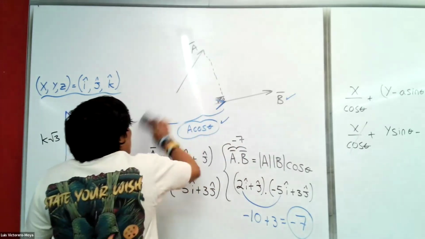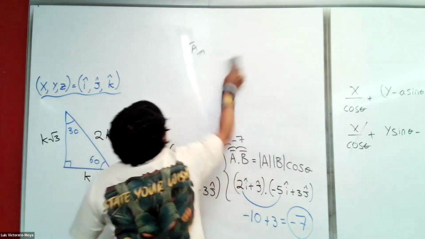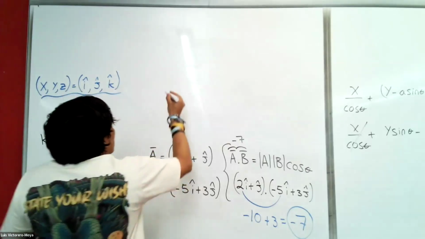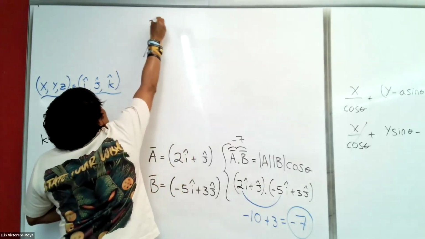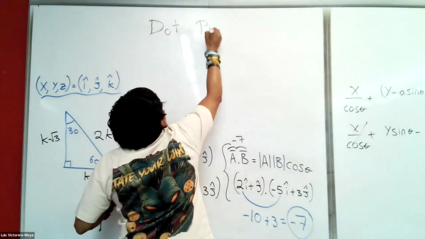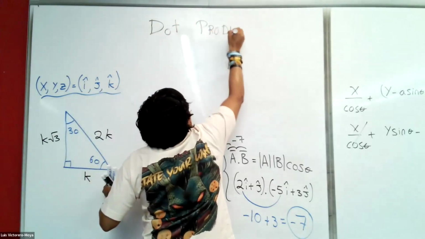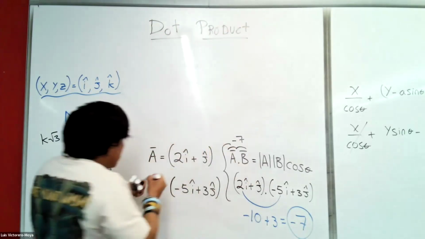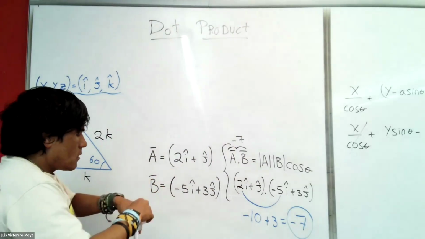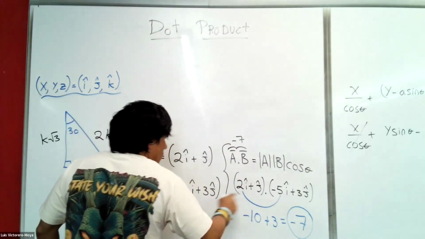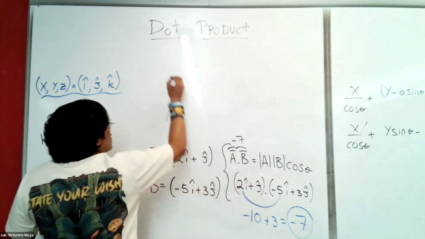All right, so let's erase this and let's use the definition of the dot product. A dot B is negative 7.